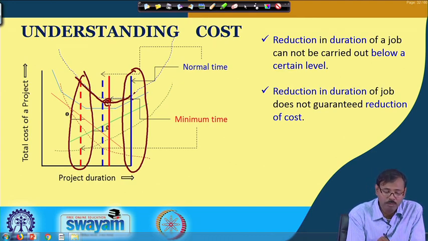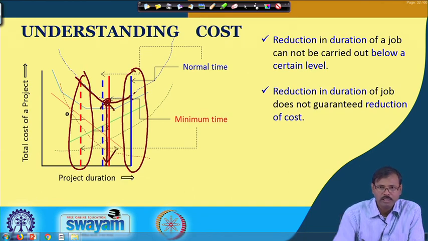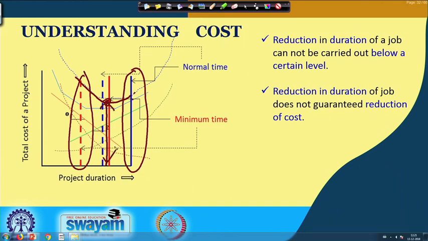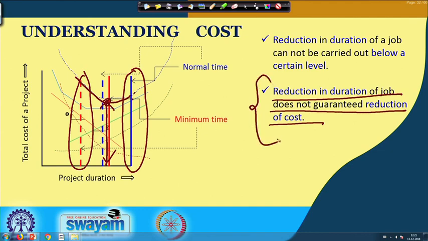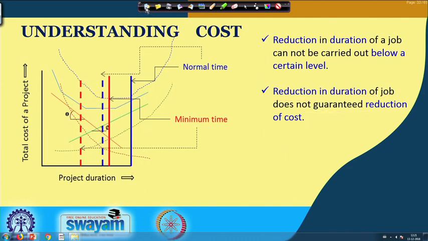Though it is not the minimum duration, the cost is minimum at this position, and that is considered the optimum condition. So, the reduction in duration of a job does not guarantee a reduction in cost. The cost may be increased or decreased, but there is some change in the cost. Whether that change in the cost is acceptable or not is a different point of concern.